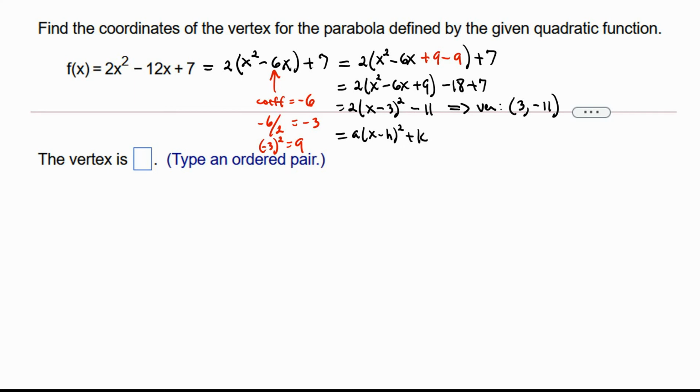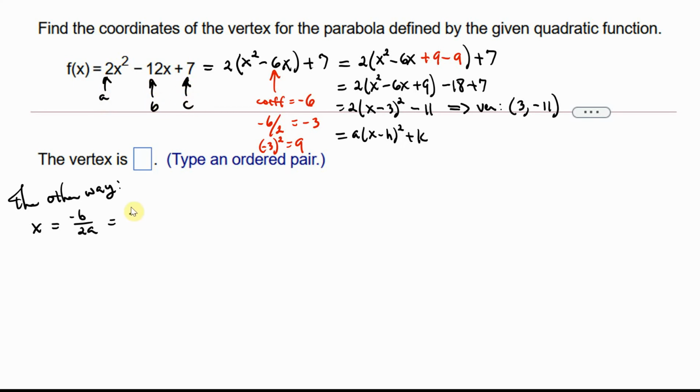Now you could have gotten that, here's the other way. You could have gotten that by looking for that value for x, or that is the h, that is the -b over 2a. If you remember that, you know, this is a, b, c.